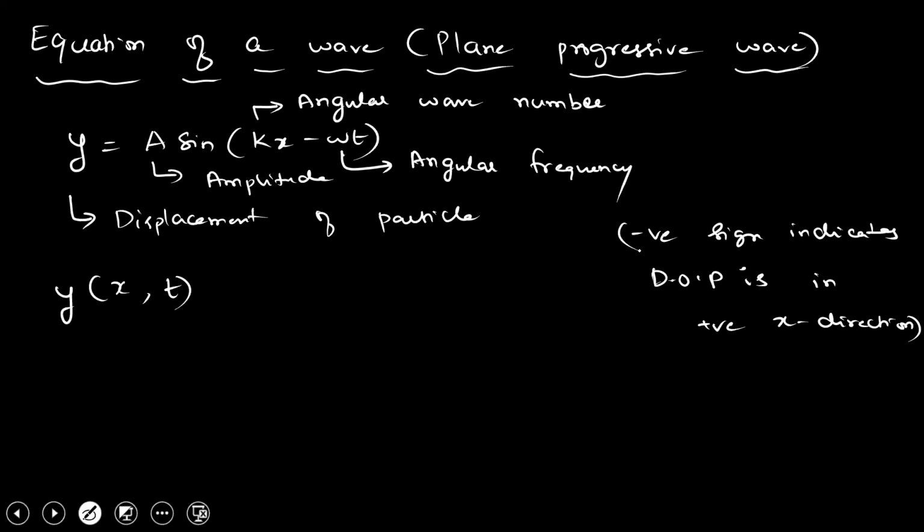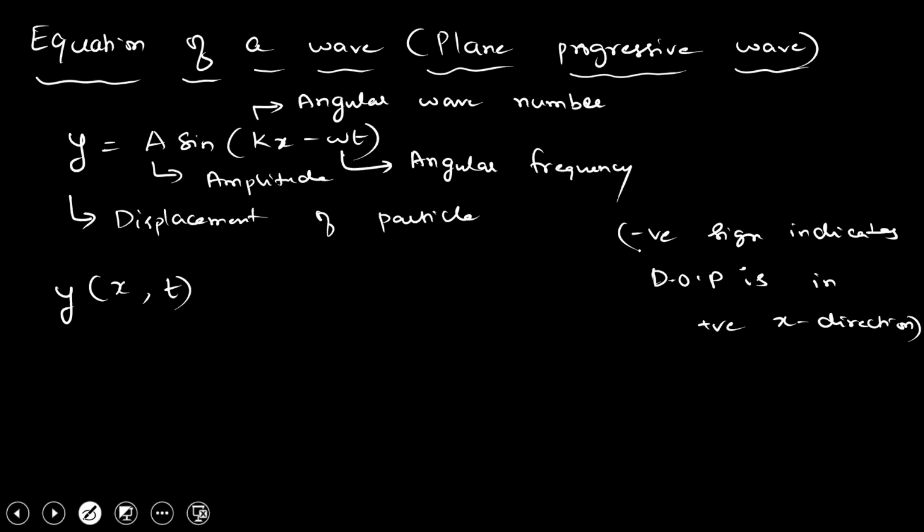Do you know what the wave number is? The number of waves per unit time is frequency. The number of waves per unit length is a parameter called the wave number, which is basically 1 by lambda. Remember this concept: whenever you have terms like wave number or frequency with the prefix angular, you always multiply those values by 2 pi.